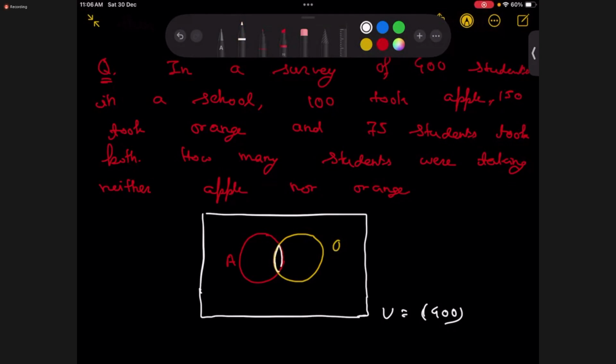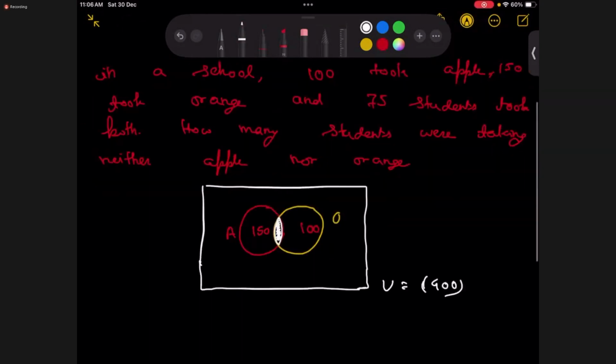They have given that the red section contains 150 students, the yellow or orange section contains 100, and the white section contains 75.